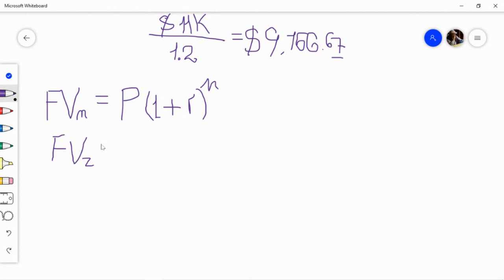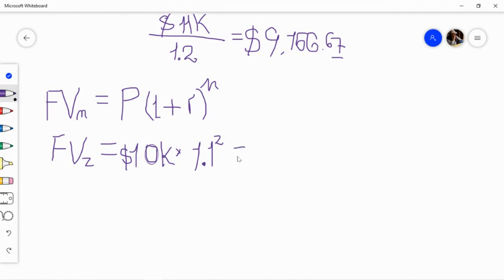So for example, future value at the end of year 2, if your principal was 10K and the interest rate was 10%, it's times 1.1, that's 10% interest rate, and raised to the second power, or squared, right?